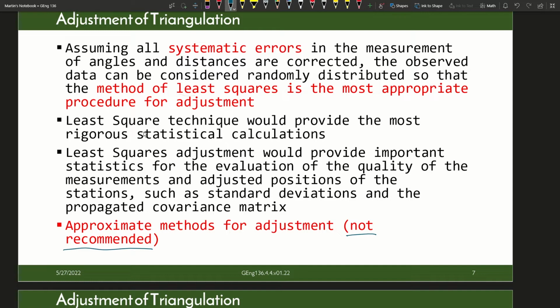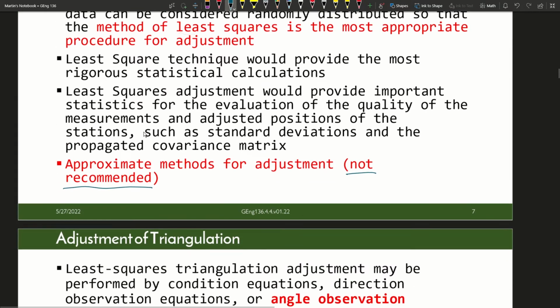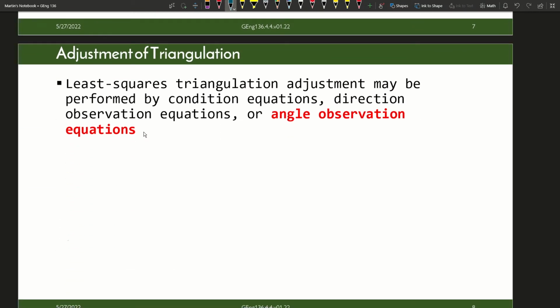It must be based on statistics and based on least squares in general. So least squares triangulation adjustment may be performed by condition equation, direction observation equations, or angle observation equations. Okay.